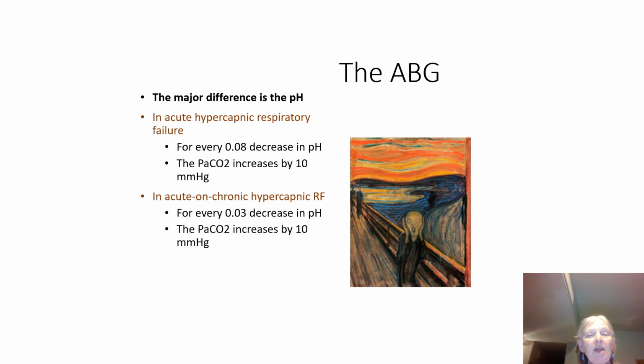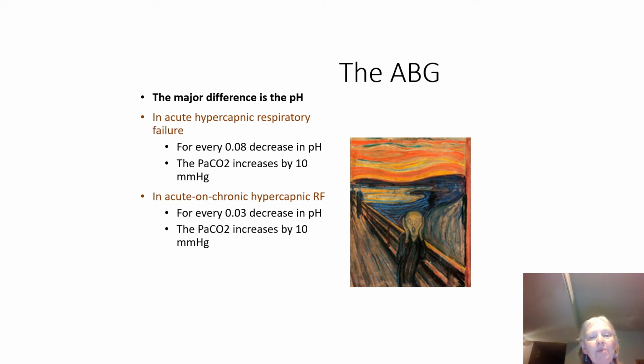When it comes to the ABG, this is the part where people go, very interesting. If you notice the piece of work art here, it's called the Screamer, and it sometimes goes along with what we're talking about. When we're trying to determine acute and acute on chronic, this is where we look at the pH, and the difference is how it moves.